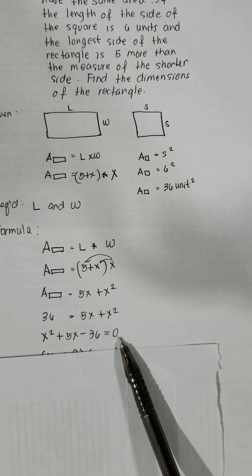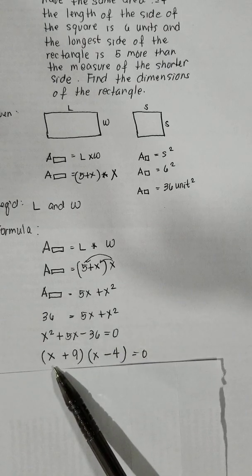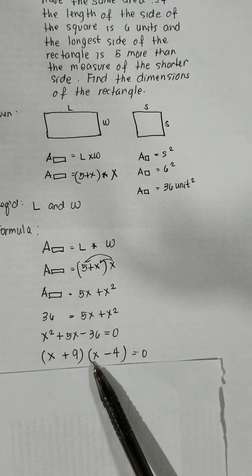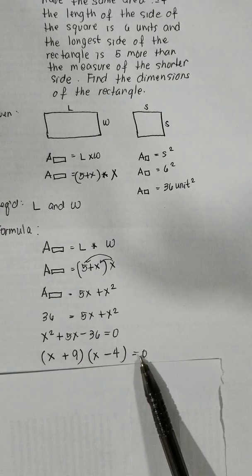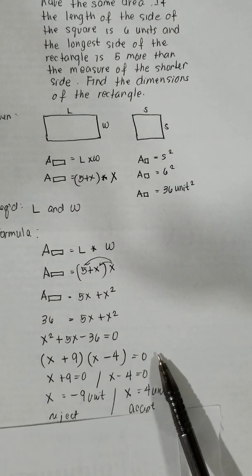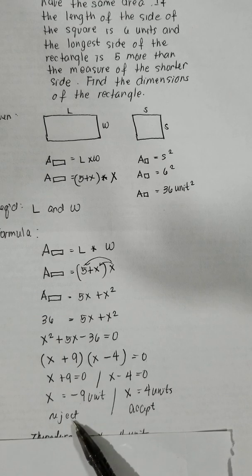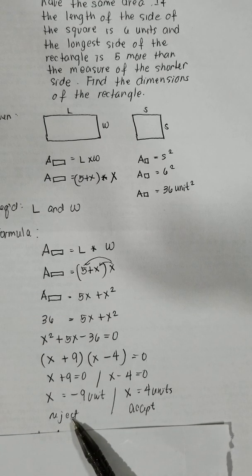We are now faced with a quadratic equation which can be solved by factoring. Thus, we have the quantity x plus 9 and the quantity x minus 4 is equivalent to 0. Solving for x in the first factor gives us negative 9, which we are going to reject because there is no negative length.